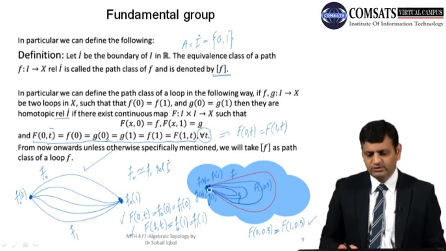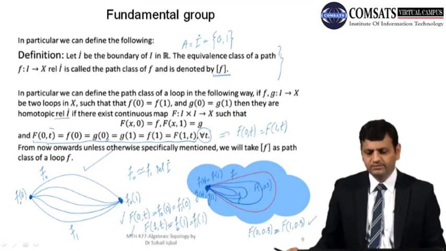So we want to make sure that these two loops f and g can be transformed or deformed into one another through loops which have the same initial and final point. So using this concept of relative homotopy, we have achieved how to show that two loops are homotopic and all the intermediate loops have the same initial and final point, called the base point.